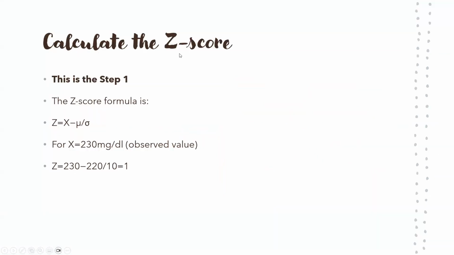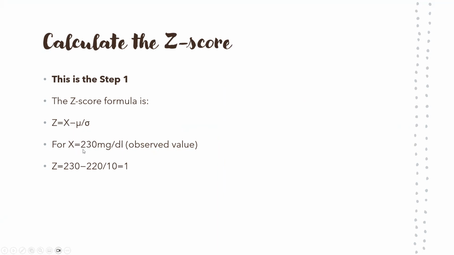First of all, we will calculate the Z score. This is step one in this analysis. The Z score formula is X minus mu divided by sigma.